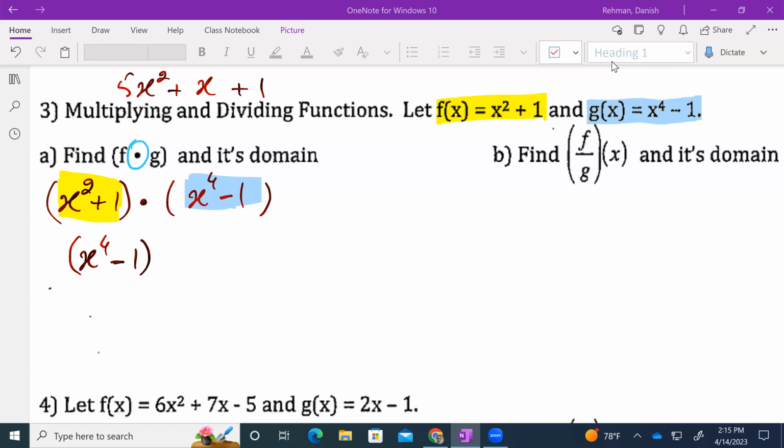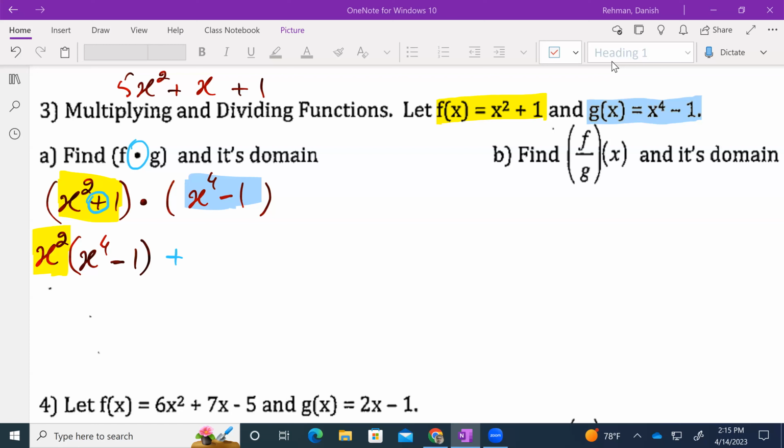Let's do it. This blue function, which was x raised to power 4 minus 1, I'm distributing it over x square, which was the yellow highlighted one. And then I will use the same function and put it over here.